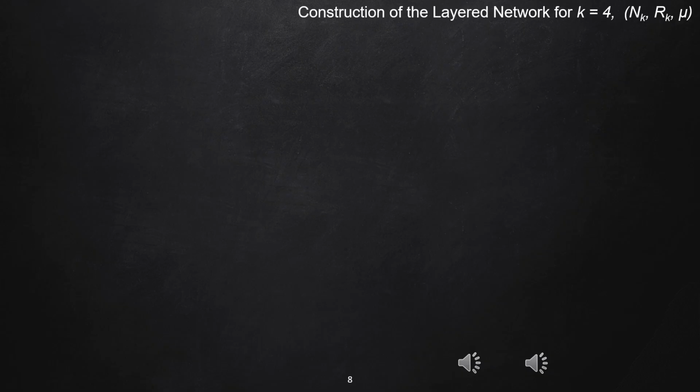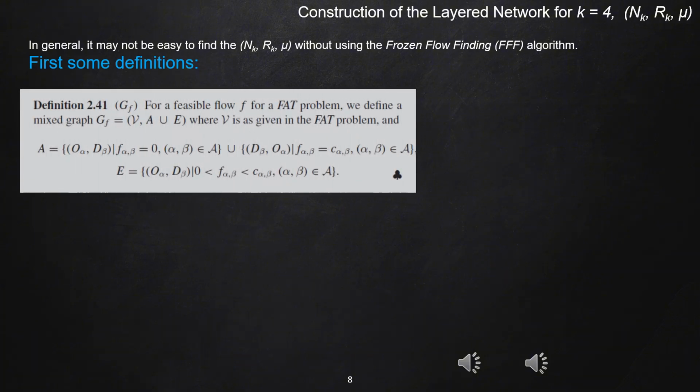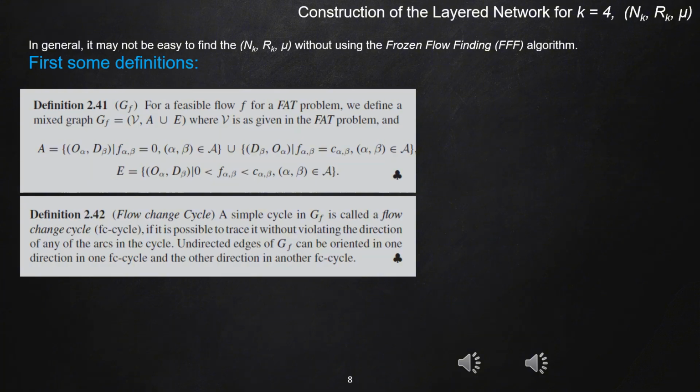So the problem has been simple in that case, but in general it may not be like that. So we need the frozen flow finding algorithm. Before we describe the algorithm, we will go through some of the definitions, and once we understand the definitions, we can go through the steps in the frozen flow finding algorithm.